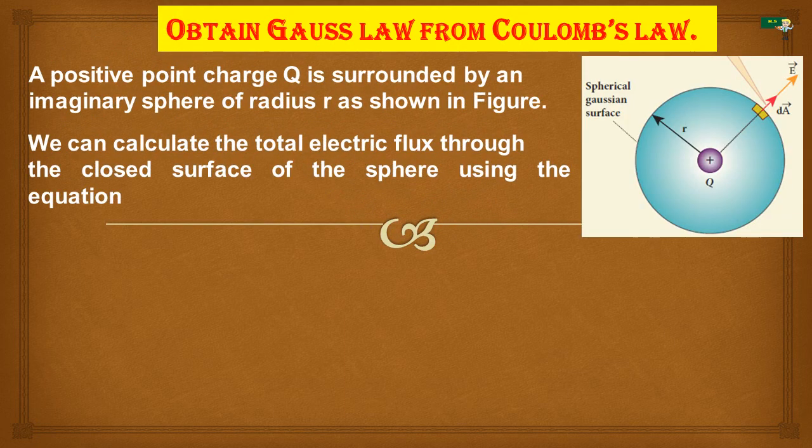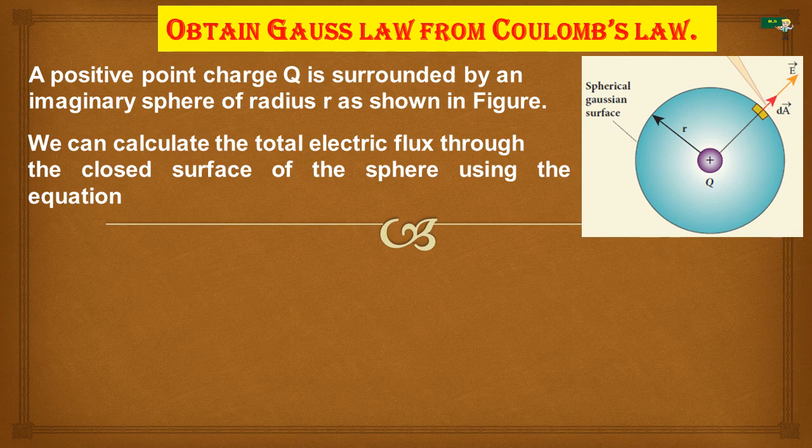Here you can see a spherical shaped shell and there is a positive charge Q present in the middle, and the distance from the plus Q to the outer surface is small r, and we take a small portion of the surface to measure the electric field, which is taken as dA. Now let's move to the lesson.